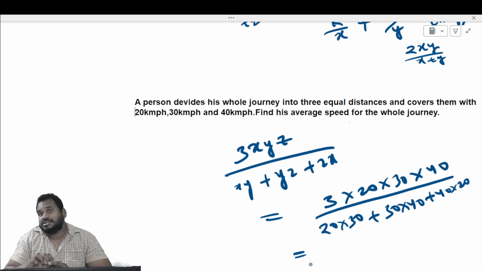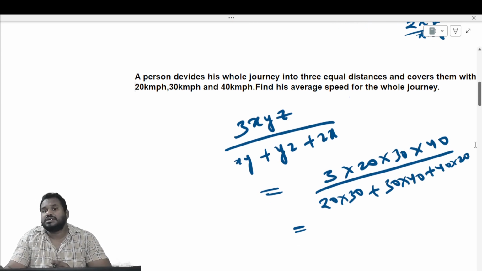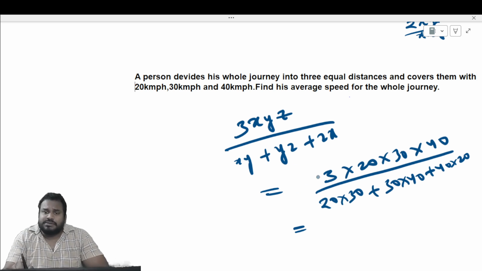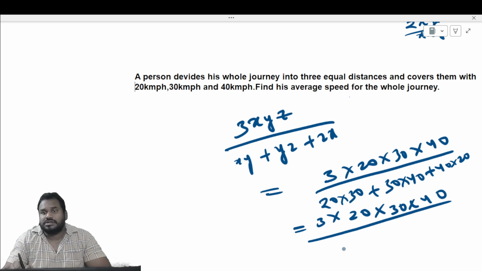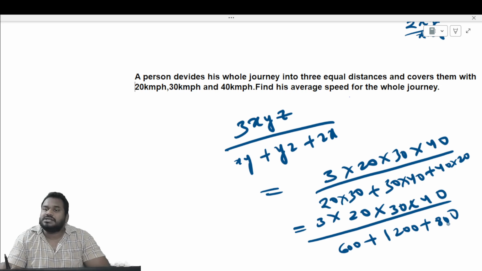The equal distances are given at 3 different speeds. So I'm not cancelling it right away, because I'll do it after summing up the bottom portion. So now see here, 600 plus 1200 plus 800. So 1200 plus 800 is 2000, 2600. 2600 is the value we got at the bottom.